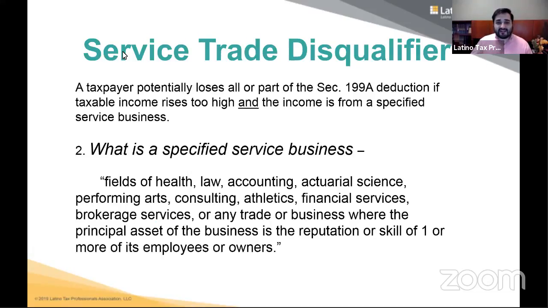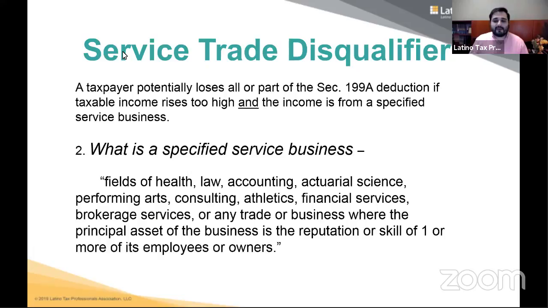The law defines these types of businesses as the fields of health, law, accounting, actuarial science, performing arts, consulting, athletics, financial services, brokerage services, or any trade or business where the principal asset of the business is the reputation or skill of one or more of its employees or owners. That is what a specified service trade or business is.